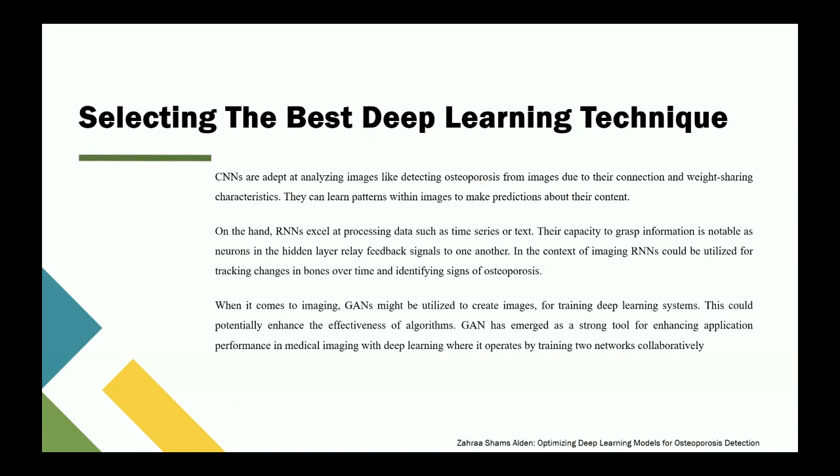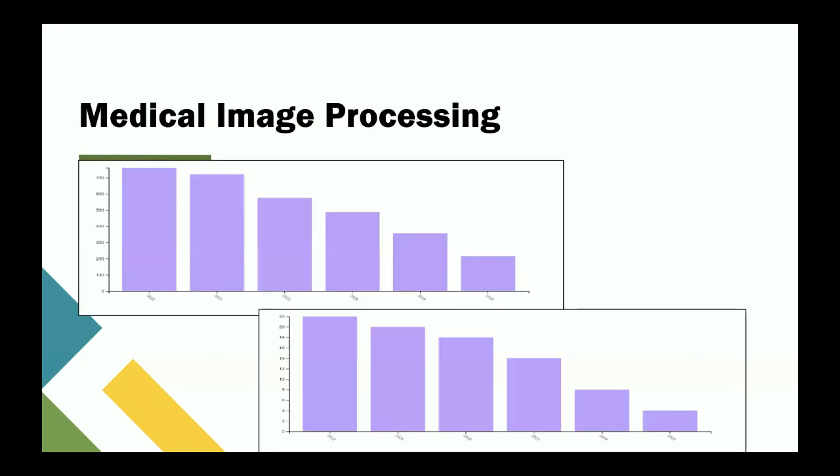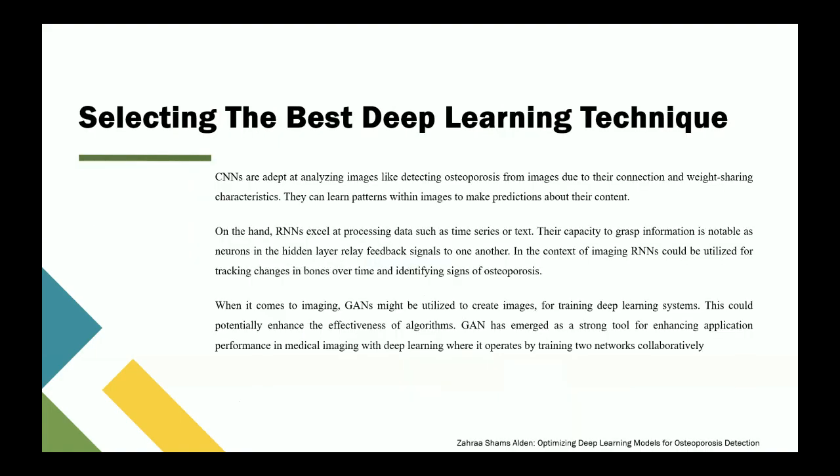And then we go to selecting the best deep learning technique. There are many options, such as CNN, RNN or GNN. Many cases use CNN as it's more adaptable, and CNN is the one most used for medical images. It's highly recommended by different researchers. It can learn patterns within images to make predictions about the content.